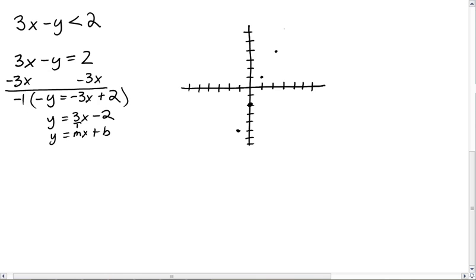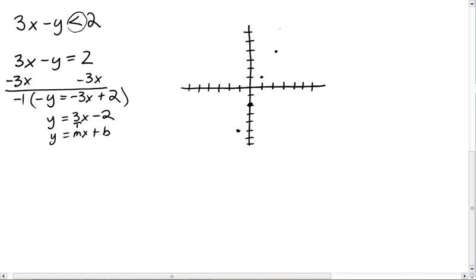Of course, from this point, we have one more thing to consider before I draw that line. Remember, if I draw a line, that's saying every point on this line is included in my solution. But remember, I don't want 3x minus y to be equal to 2. I want it to be less than. That means the places where it's equal shouldn't be included, because if it's equal, then it's not less than.